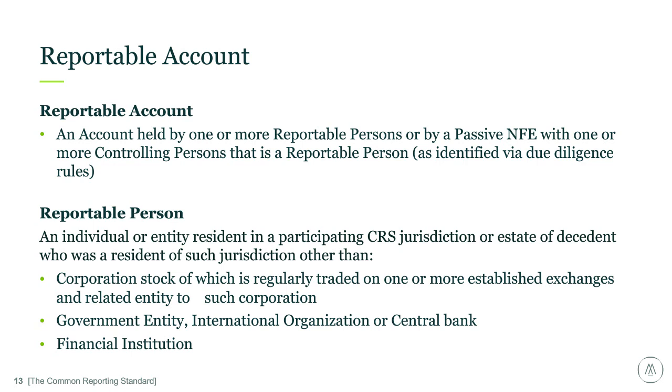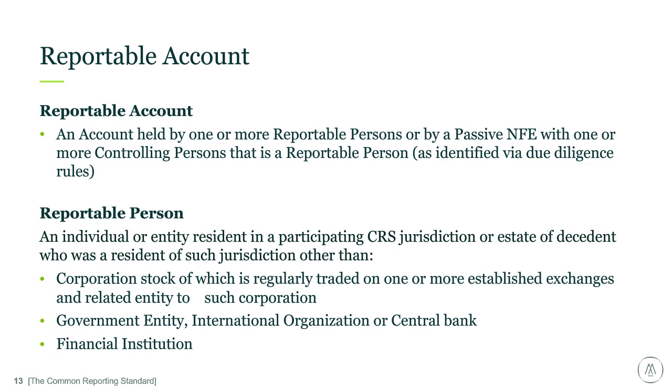it's so important to get the documentation piece correct, because if you're documenting all of those account holders correctly in terms of how they're classified, meaning individual, passive or active entity or financial entity, and then their actual tax residence, you're going to know your population up front before you even get to the reporting requirement.